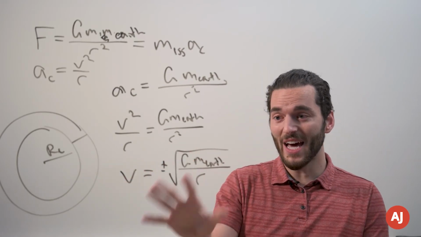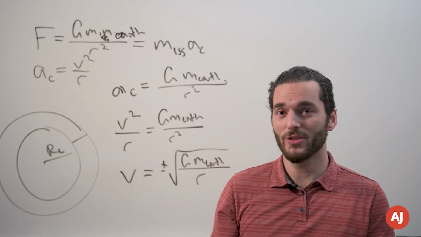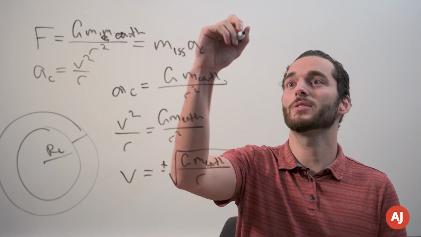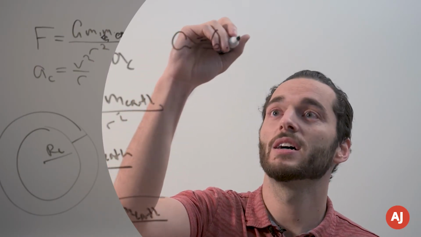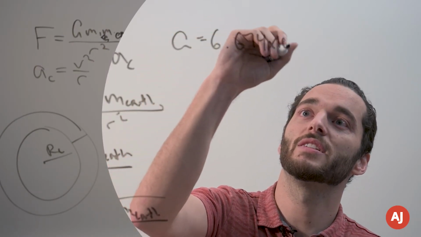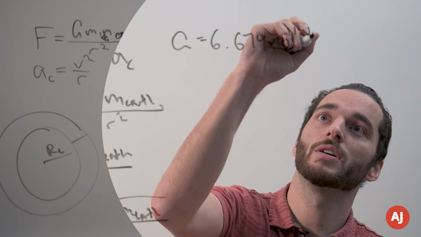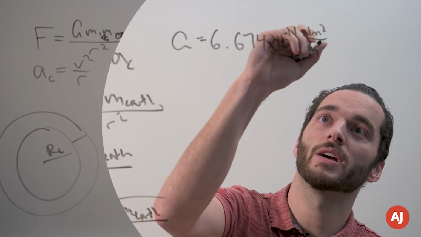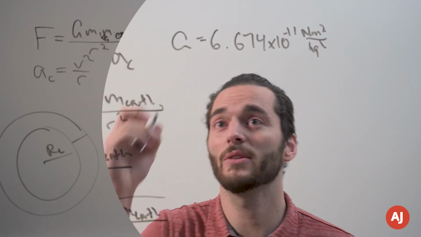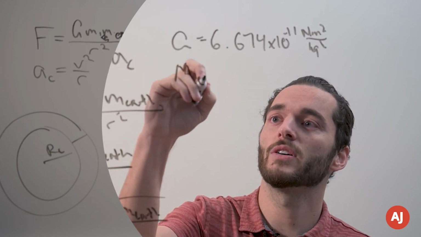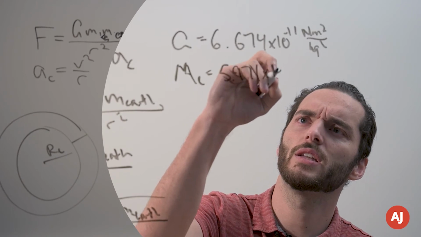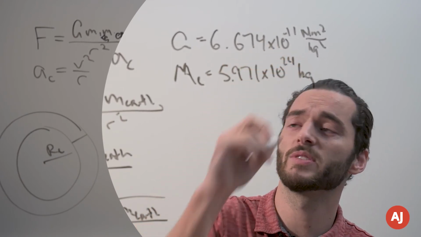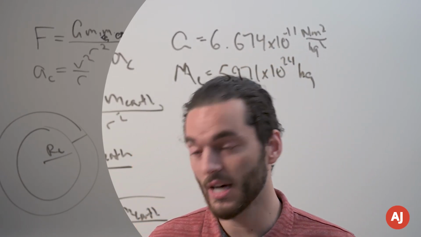Now, that equation, I genuinely want you to do this. I want you to take these numbers. I want you to plug in G is equal to 6.674 times 10 to the negative 11th newton meter squared per kilogram squared. These units just make this equation work out. The mass of Earth, which is 5.971 times 10 to the 24th kilograms. 10 to the 24th is a lot.